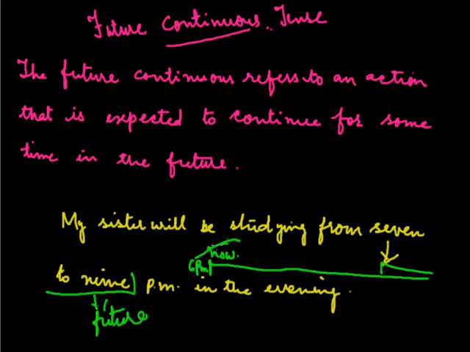At the time of speaking we are talking about future. Right? And observe that the future continuous tense in the above sentence refers to an action of studying that is scheduled to take place at a specific time in future, and the action will continue for a definite time.